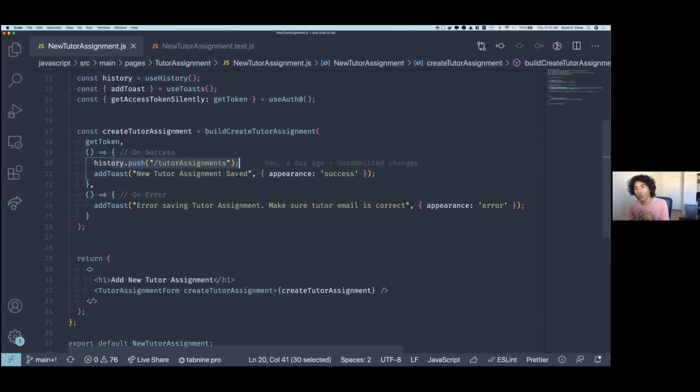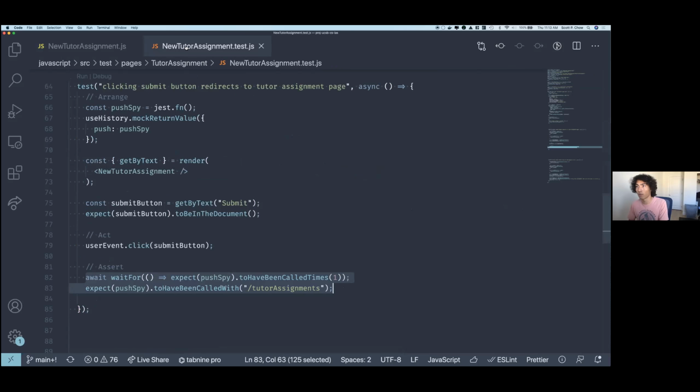This is what causes you to redirect to a new page. So we've now identified something concrete we can verify to say that we have proof that we went to a new page if we called history.push with tutor assignments. So let's take a look at the testing code required to do that.